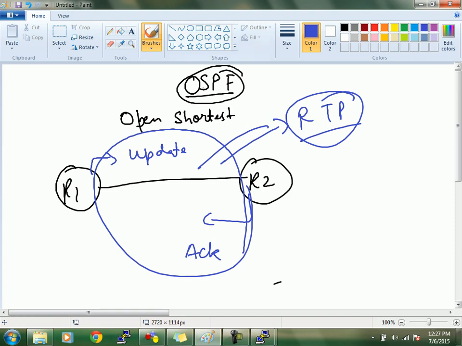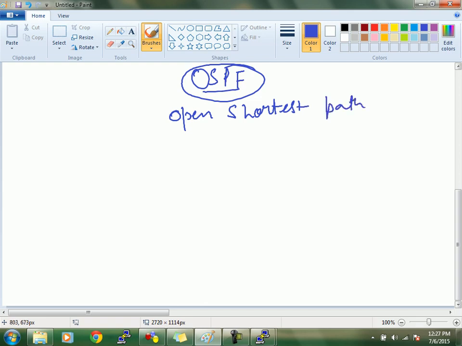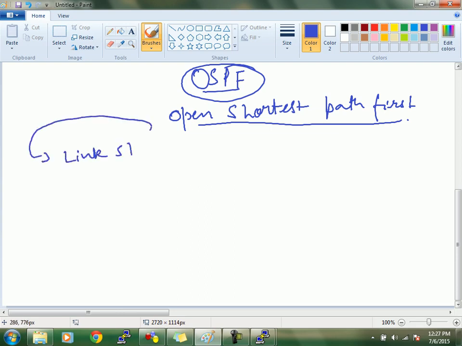So now we can start with OSPF. OSPF stands for Open Shortest Path First. First of all, it is a link state routing protocol. Its behavior is classless.